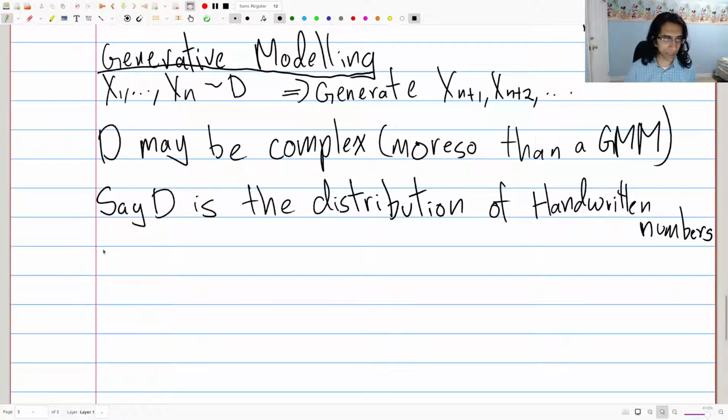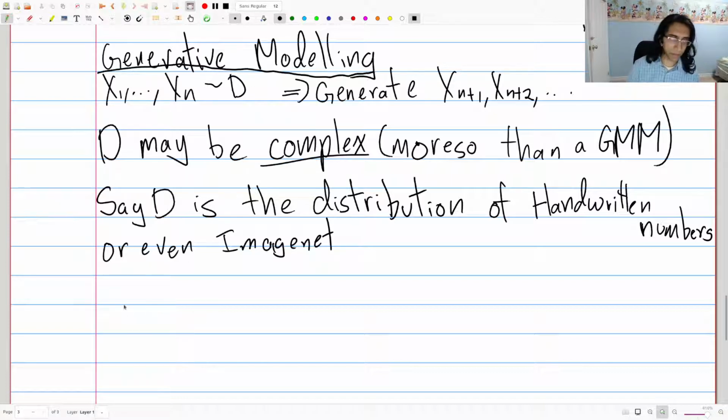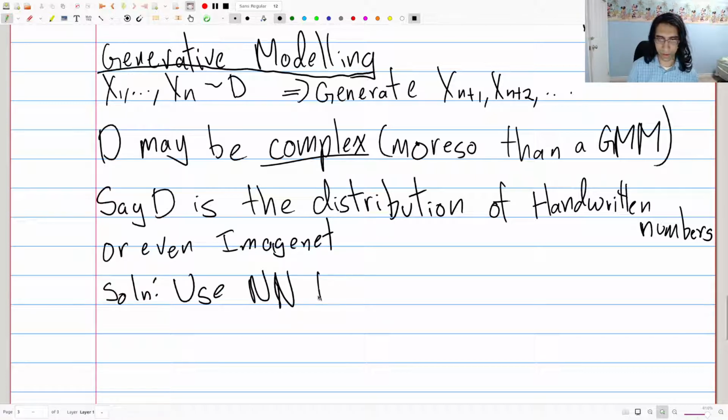Let me take a step back. So D is a distribution of handwritten numbers, or even ImageNet. Like I said, it can be complex, and I'll just leave it at that. But the solution is to use a neural network to do the work.